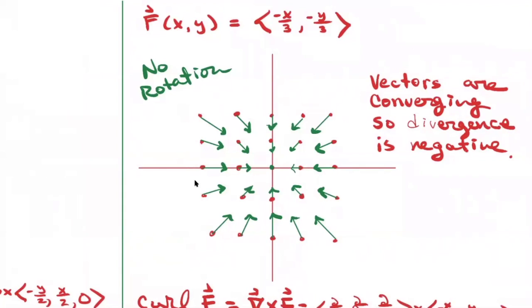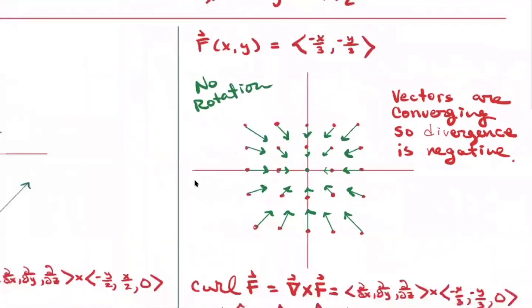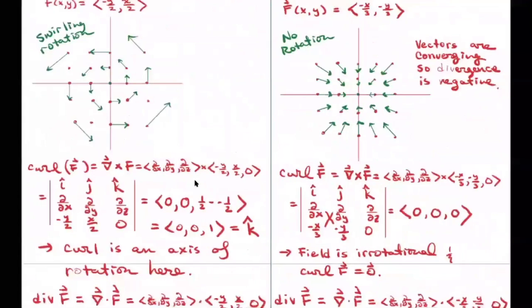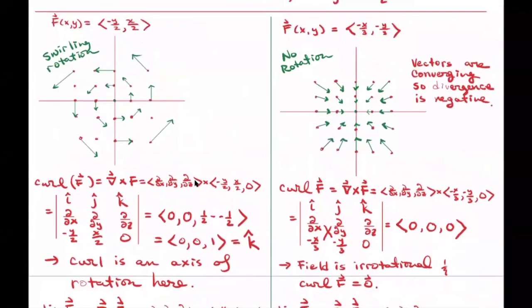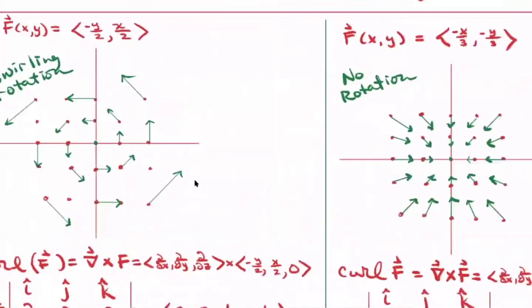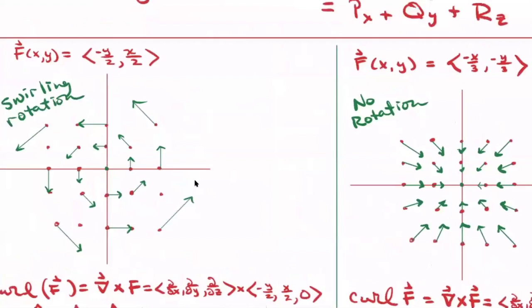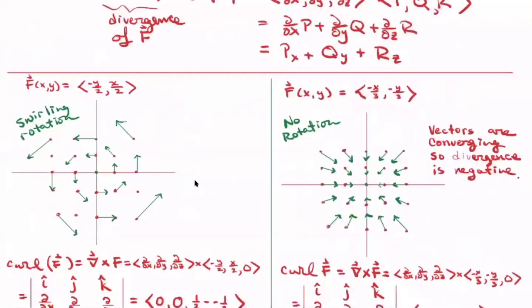Okay, so let me zoom back out here. One of the things I want to get with this field is the vectors are not converging or diverging. They're mostly parallel. Nearby vectors are basically parallel to each other.